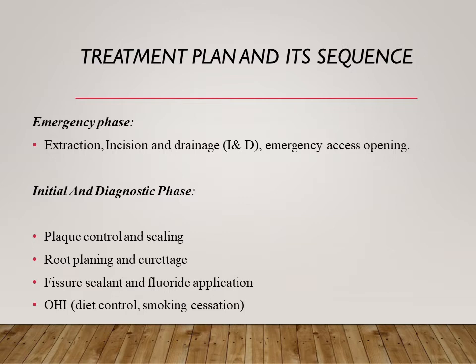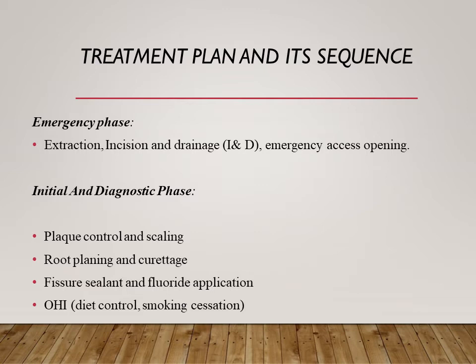So if there is infection, there is a good chance that the patient is going to have more pain even after extraction of the tooth, and it's going to be difficult to manage. The anesthesia may not be as profound as expected. So it's good to advise the patient one round of antibiotics, get the pain and the infection under control, and then proceed with your extraction.